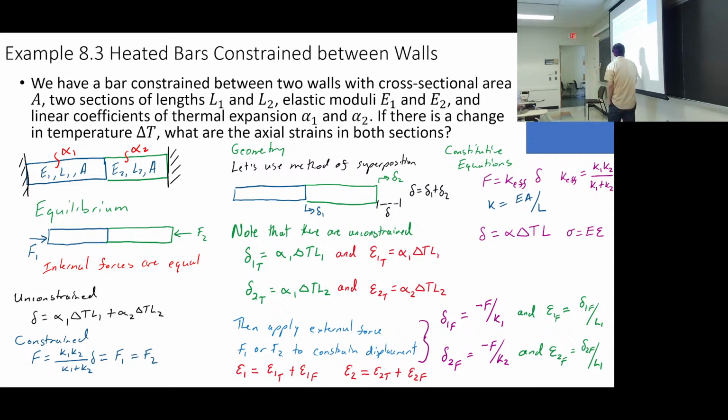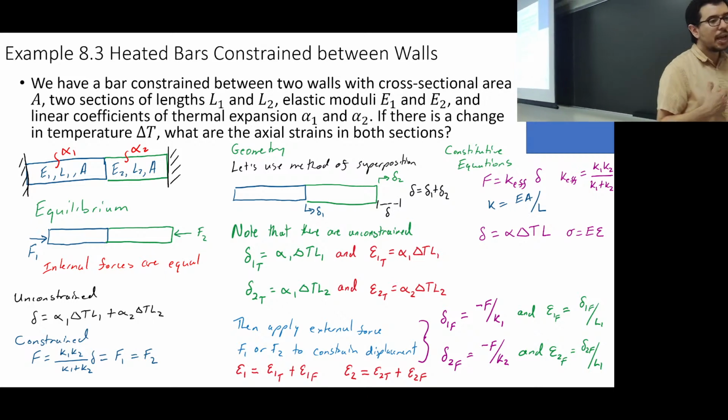Now, if this were unconstrained, then this would be the total displacement. So that means that if it's constrained, then the force F1 or F2, all these forces, F, whatever you want to call it, is like a spring in series, so it's going to be K effective times that delta.